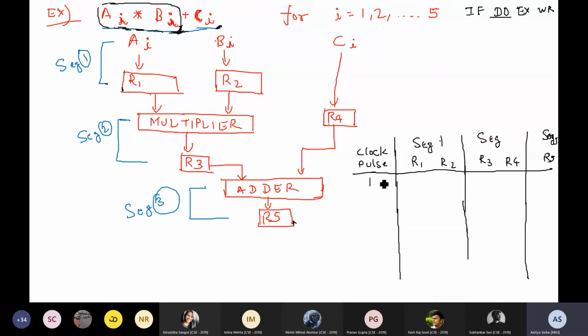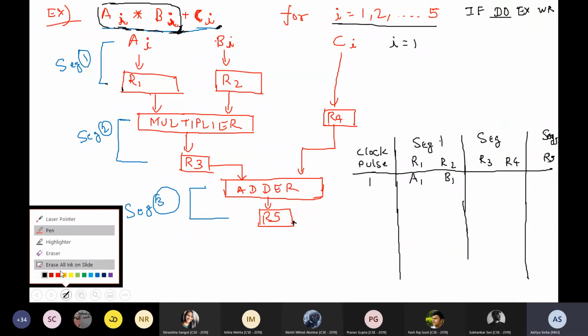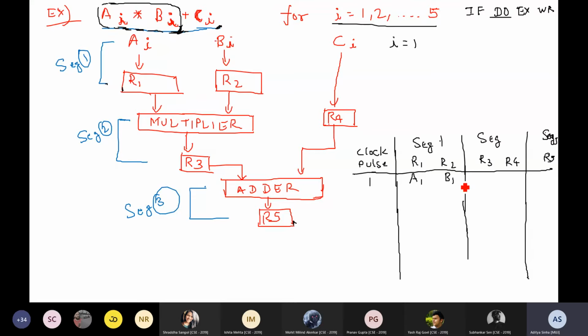Okay, for the first clock pulse, where is our data coming from? The value of Ri, first of all, i equals 1. So what will be the value? First values here in R1, R2 are A1 and B1, right? Am I right? A1, B1. Yes sir.